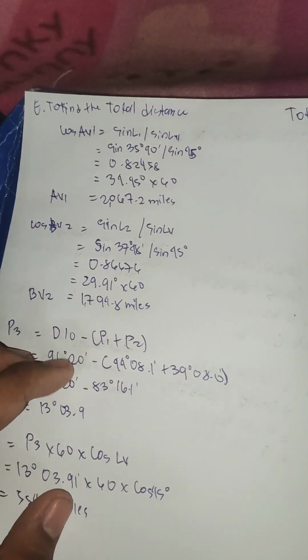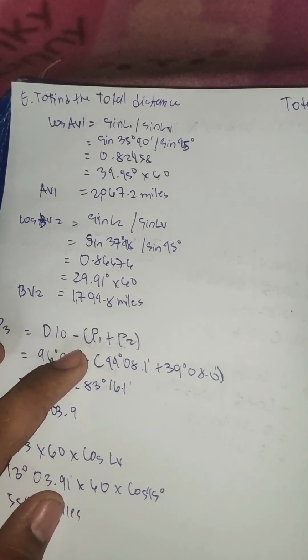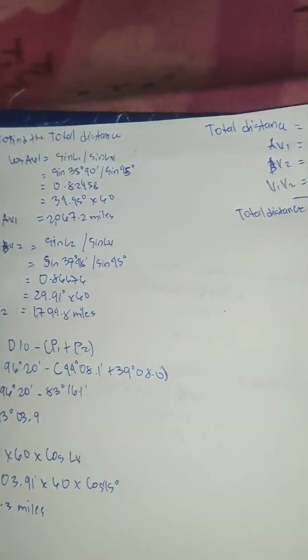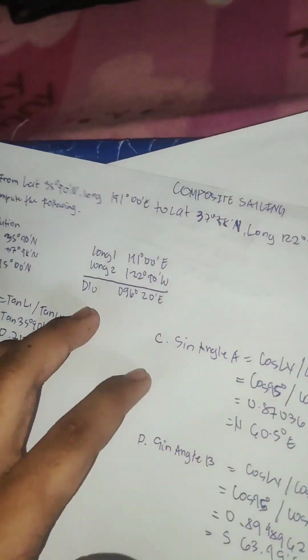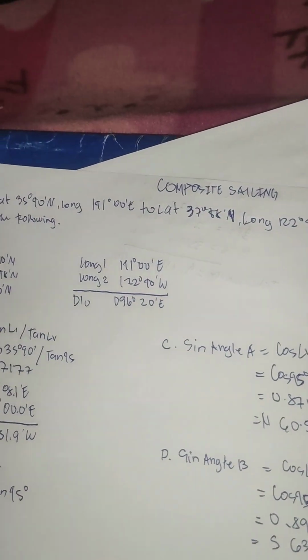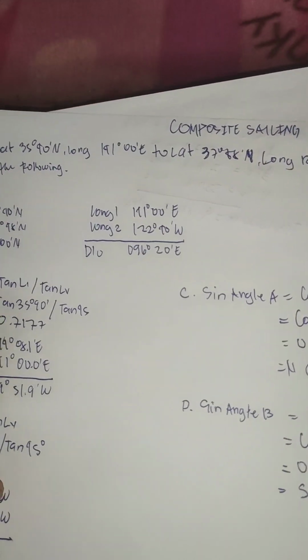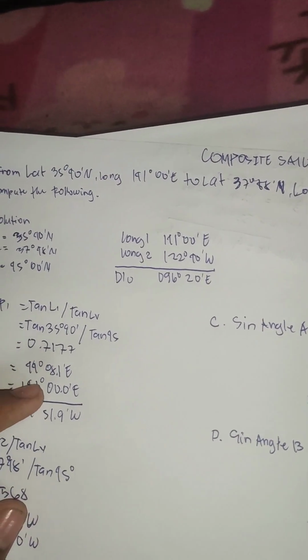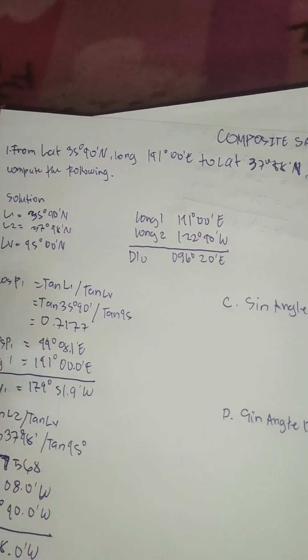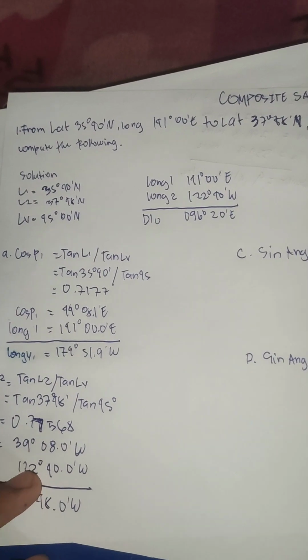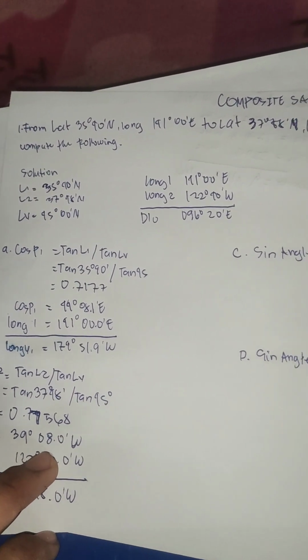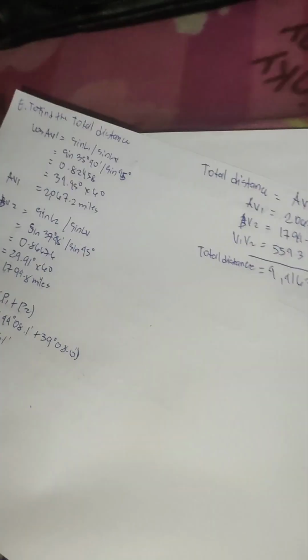And next is P3. P3 is equal to D long minus P1 plus P2. Our D long is 96 degrees 20 minutes, our P1 is equal to 44 degrees 08.1, and our P2 is equal to 39 degrees 08.